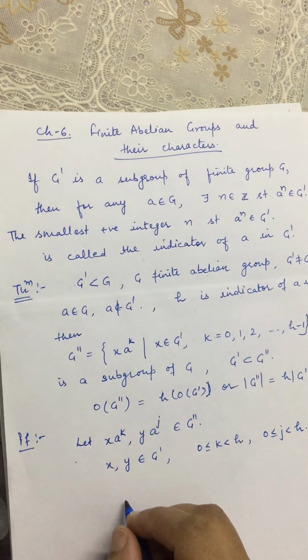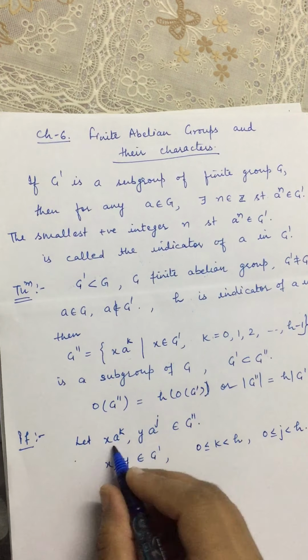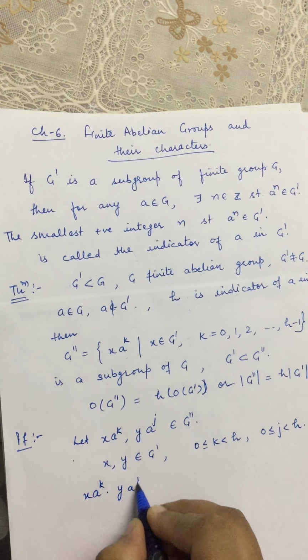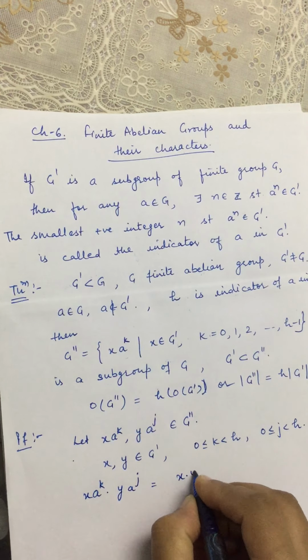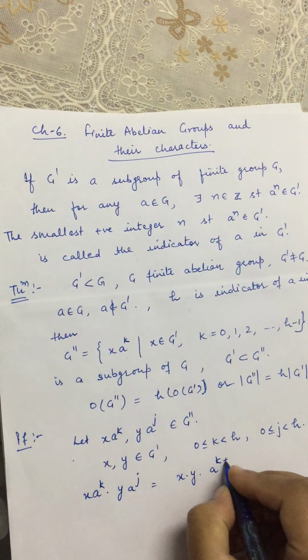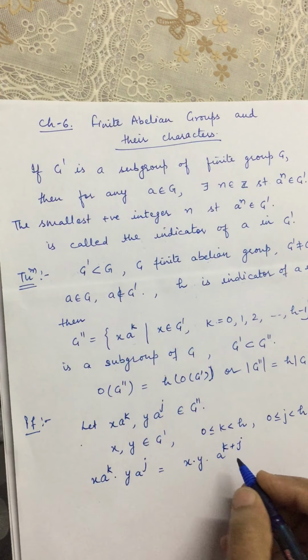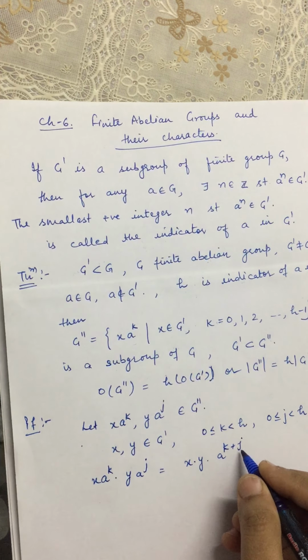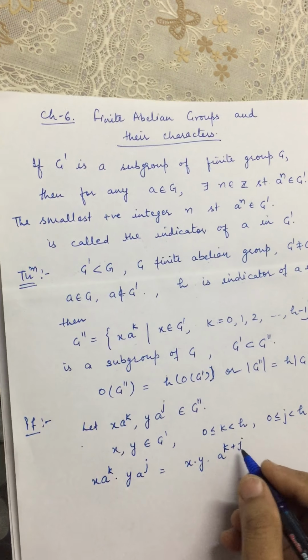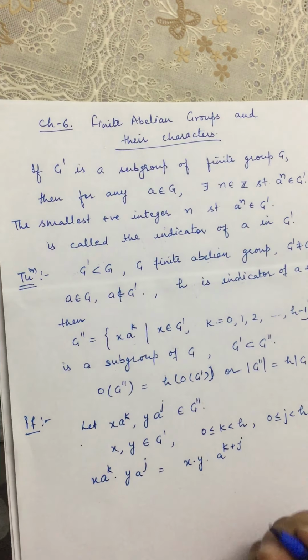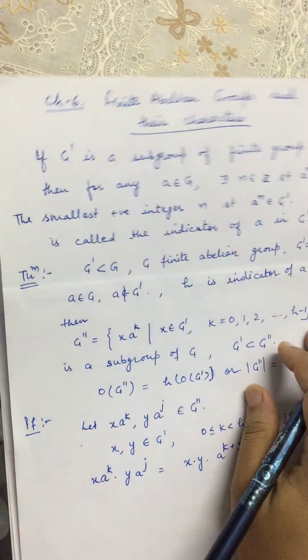Now because G is an abelian group, the product of these two elements, x into a^k, y into a^j, can be written as x y a raised to k plus j. Now this k plus j is an integer, and when we divide it by h, we get two unique integers q and r, where q is the quotient and r is the remainder.